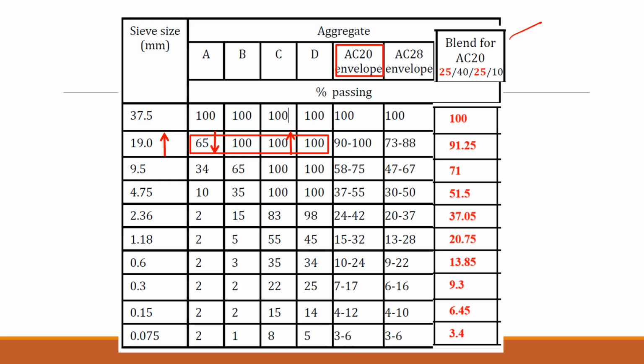To increase it, we need to decrease A. Do you understand why we are decreasing A? If we decrease A by 5%, we need to increase another one by 5% because altogether it should be 100%. So we are decreasing A by 5% and we can increase either B, C or D. So you've got 30 to 25 and 20 up to 25. Yes, A dropped by 5% and I increased C by 5%. Then only it will be 100% altogether, isn't it?